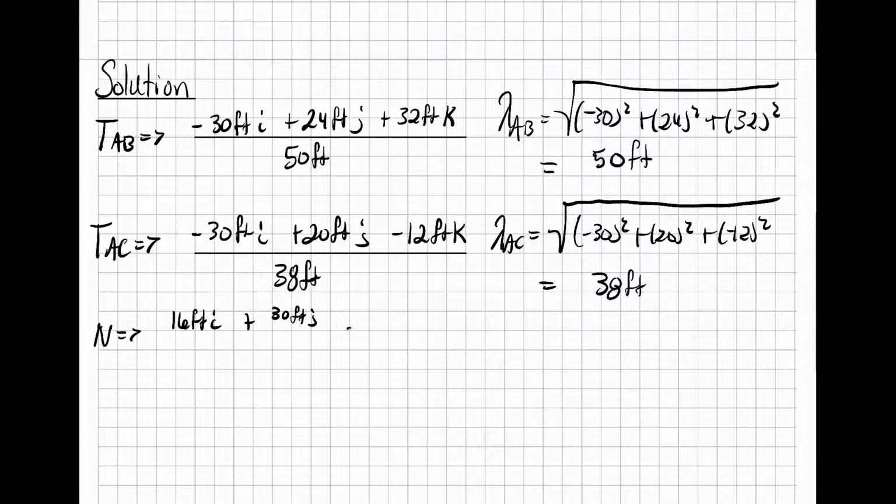Doing our lambda of the normal, we get 16 squared plus 30 squared, which comes out to 34. So all that is over 34. Okay.